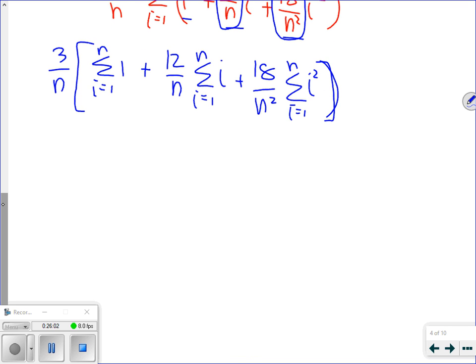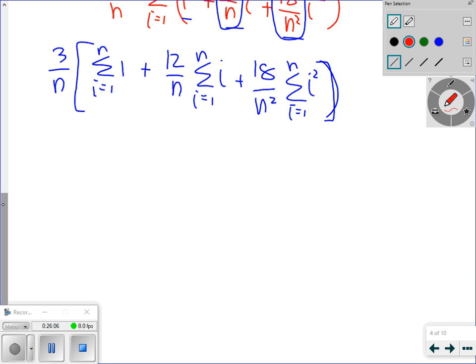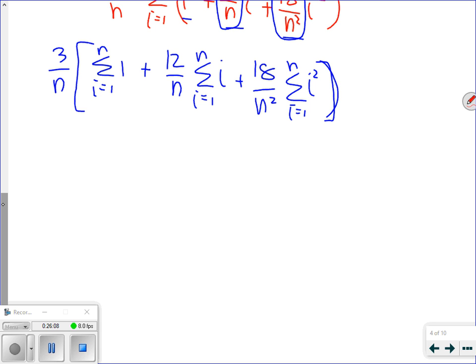And then from this point, hopefully you can see that I took the constants out, and then we have those identities left over, right? So what I can do is the identity for 1, i, and i squared. So I have 3 over n, the summation. I'm sorry, I don't have the summation anymore. I'm doing the identity.